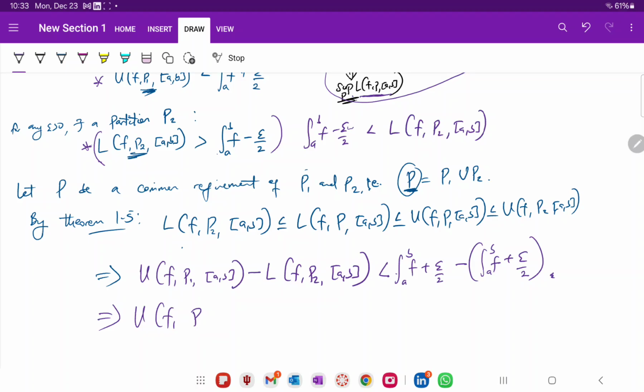oh sorry, I've made some mistake. This should be the new partition, the refined partition, this.